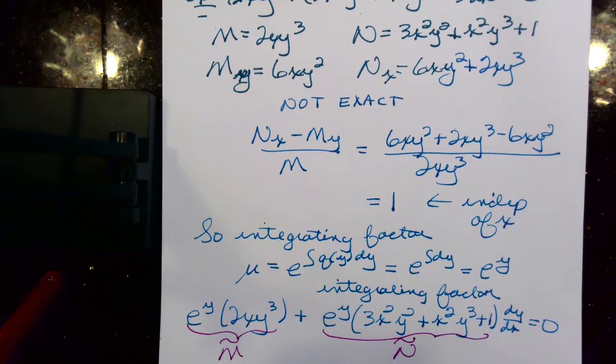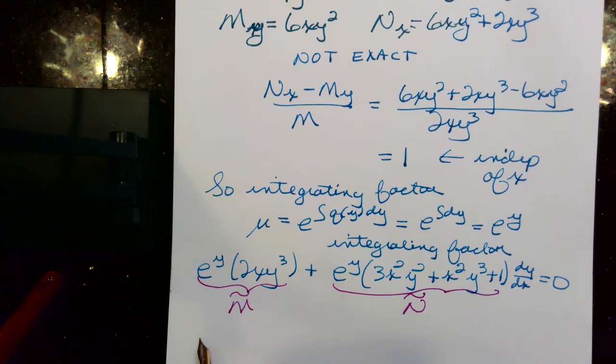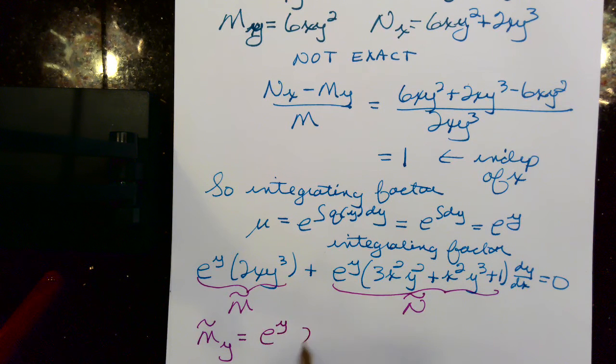Okay. And so now when I look at m tilde sub y, by the product rule, I will get e to the y times 2xy cubed plus 6xy squared times e to the y.